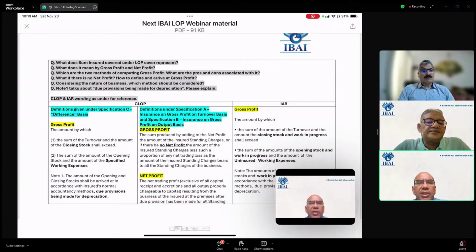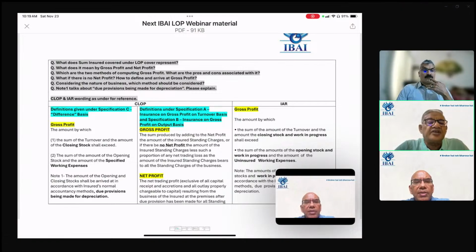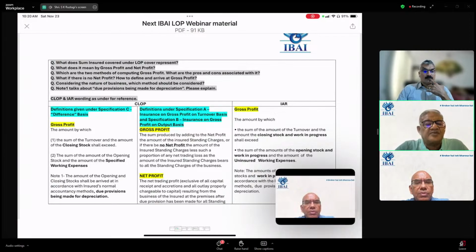It is the gross profit which the insured would want to be indemnified. In the first column, the policy defines gross profit as the amount by which the sum of turnover and the amount of the closing stock shall exceed the sum of the amount of the opening stock and the amount of the specified working expenses.